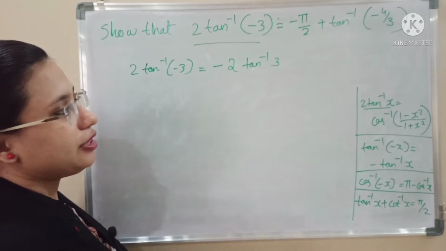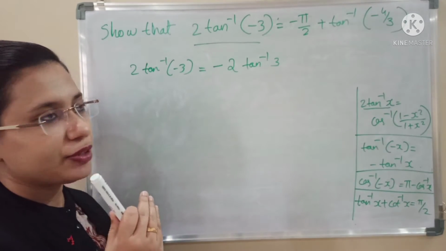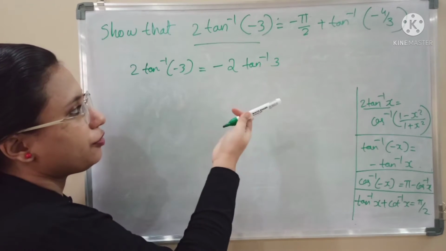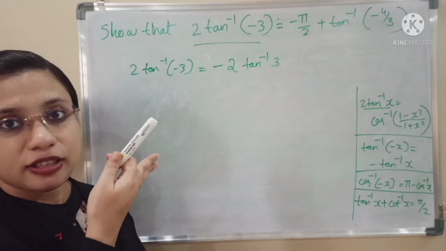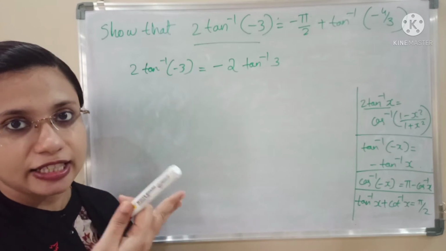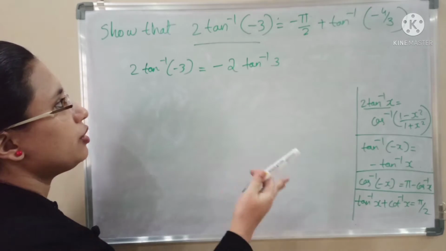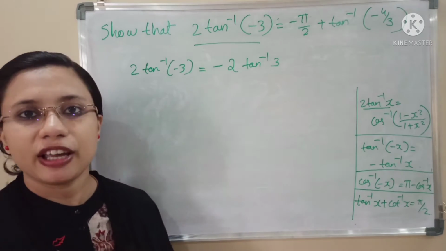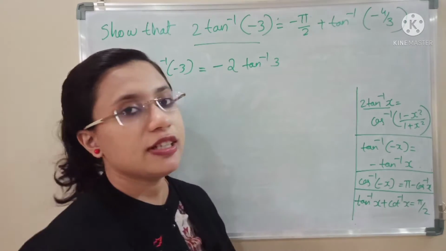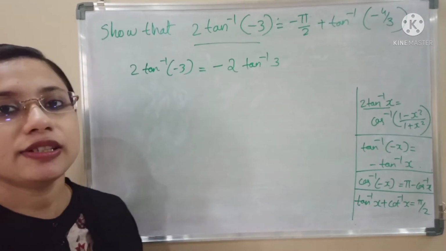Even if we take tan there, we will not get the pi term on the left hand side. Or if we take the sin inverse expansion also, we cannot obtain the pi value. So that's why we are choosing the cos inverse expansion for 2 tan inverse x.